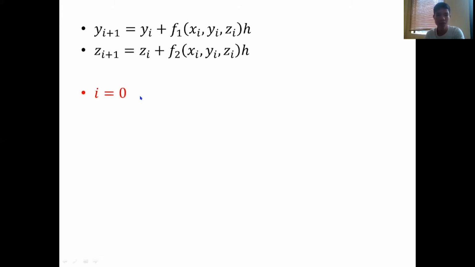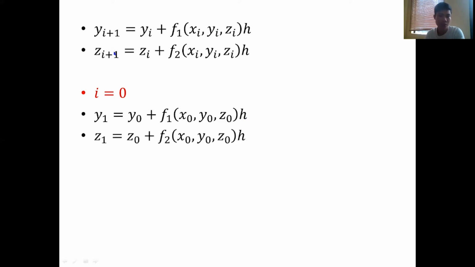So first, let's have i equal to 0. Here i is 0, so 0 plus 1. We get y1, so y0 plus function 1 of x0, y0, z0 multiplied by h. The same applies to the value of z.